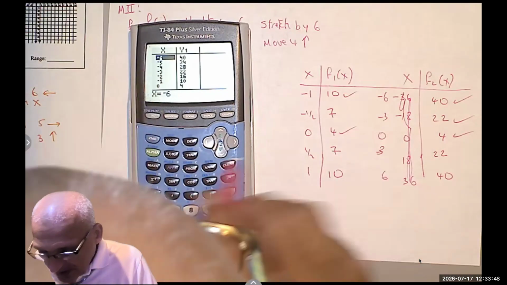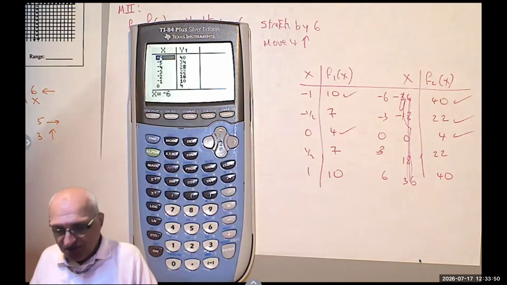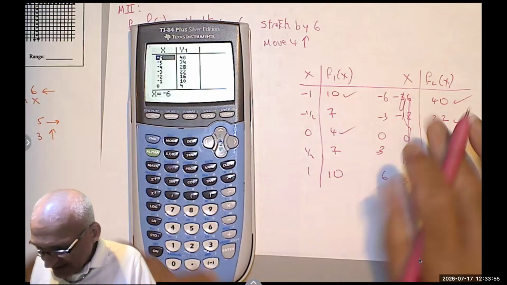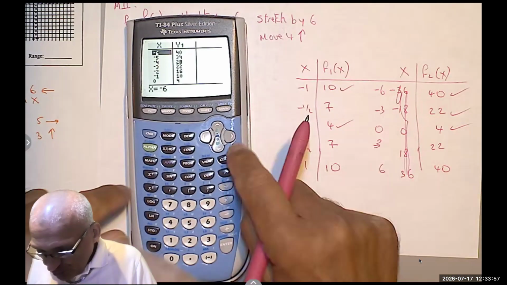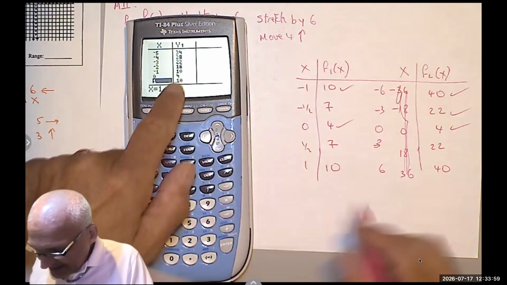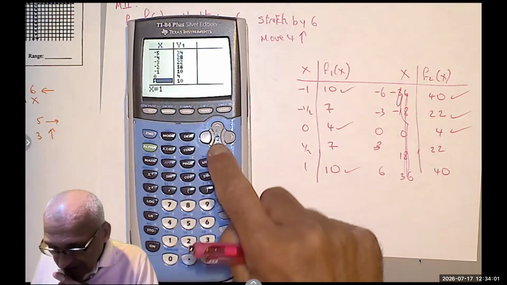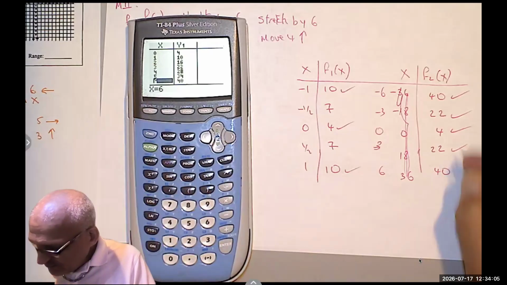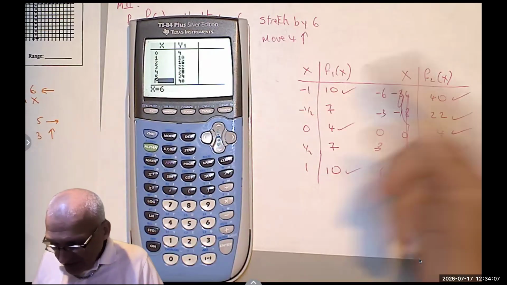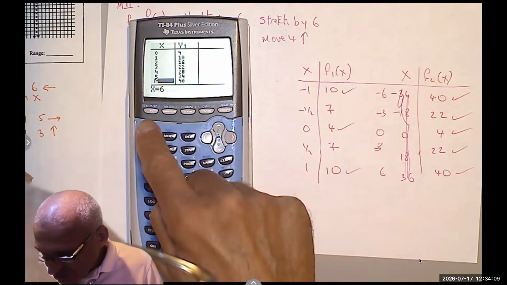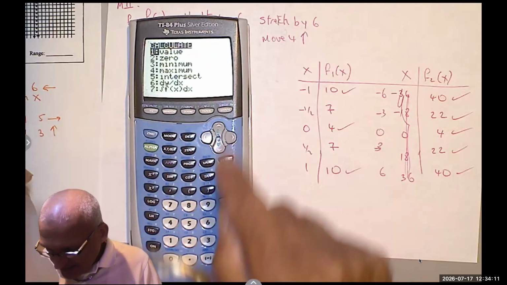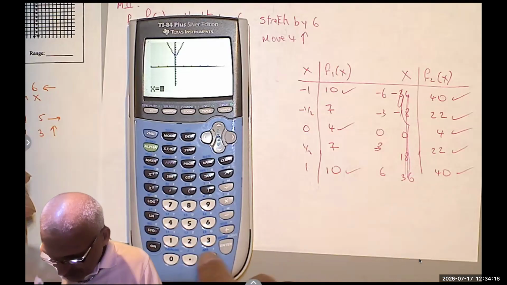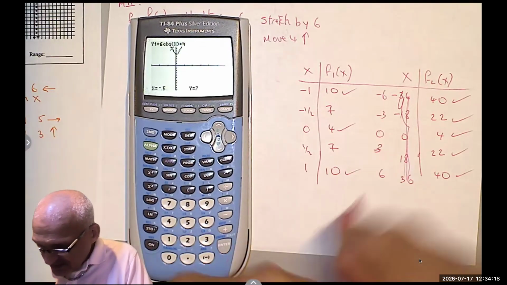I don't have -1/2. You can change that in the settings easily, but let's wait for that. When I go to 1, I get 10. If I go to 3, I get 22. If I go to 6, I get 40. In fact, if you want that, it's easier to go to calc and say a value, and you put x is -0.5, and you get 7.